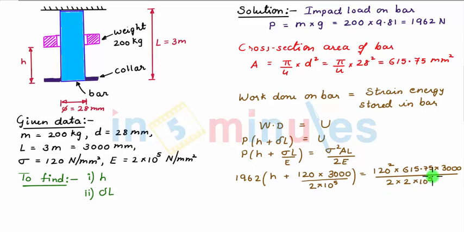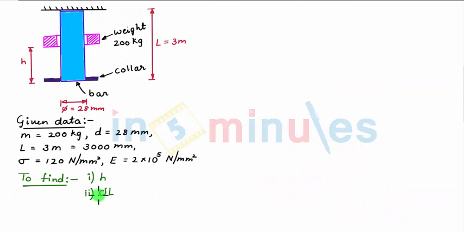Upon solving this, we get the value of h equal to 32 mm. So this is our first answer. The maximum height of drop, so that maximum instantaneous stress is only 120 Newton per mm square, is 32 mm.